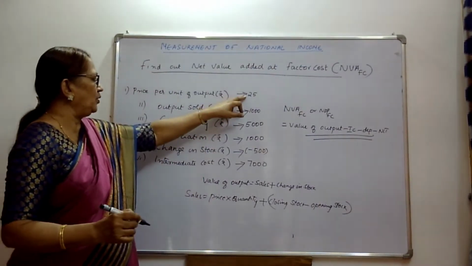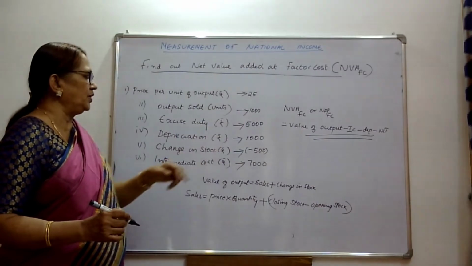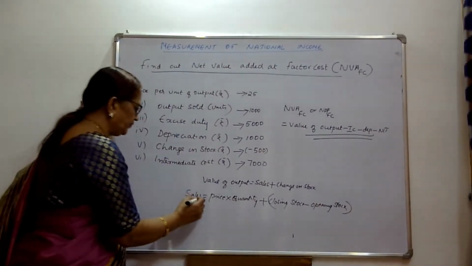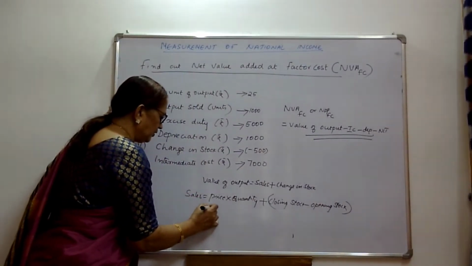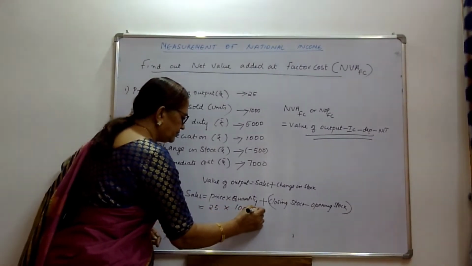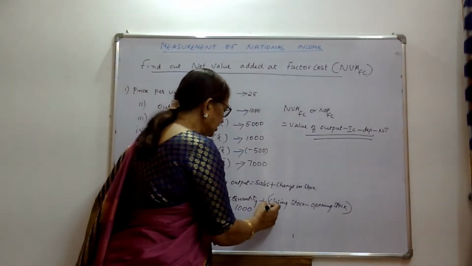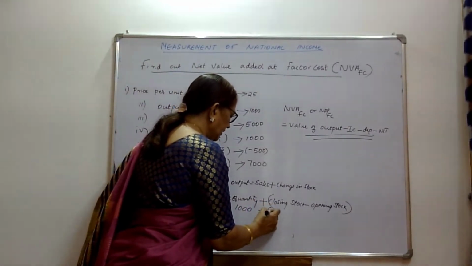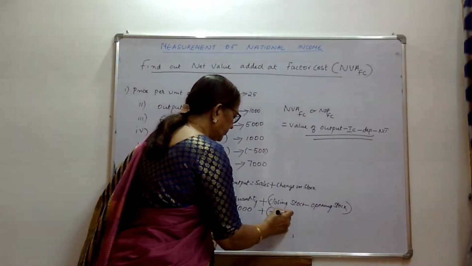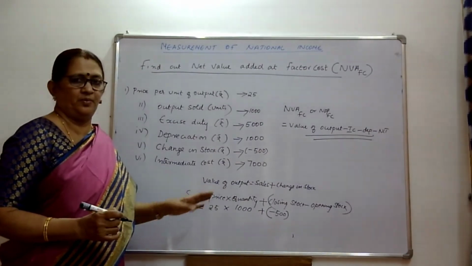So 25 rupees is the price of the output into quantity sold. 25 into 1000. So sales is equal to 25 into 1000 plus change in stock, negative 500. So we are getting value of output.